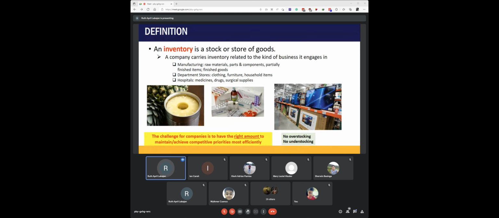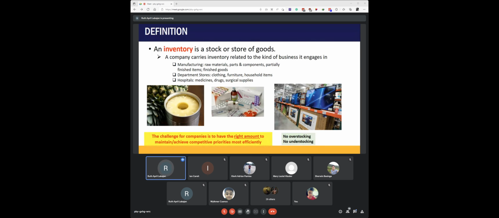So you as a customer, because you are expecting to find that particular item in that store but you were not able to find it, then there might be a level of dissatisfaction on your part. Okay, and that's one issue of understocking, the level of satisfaction given to your customers.